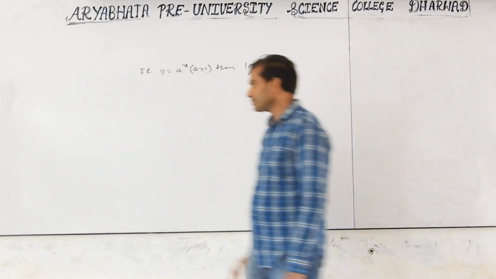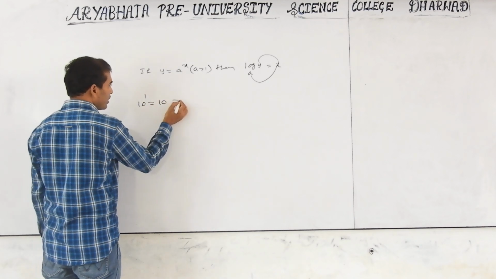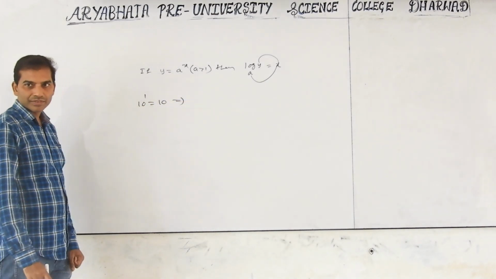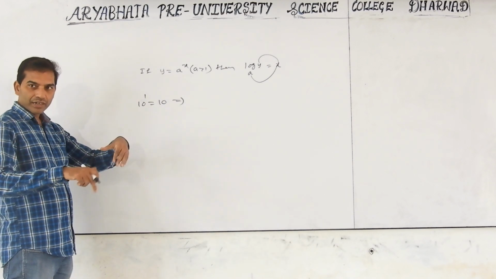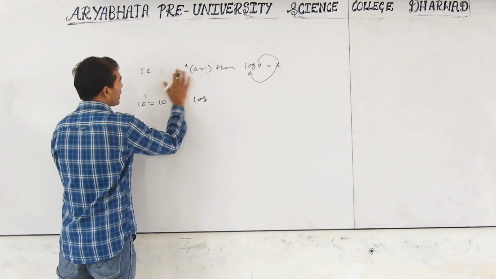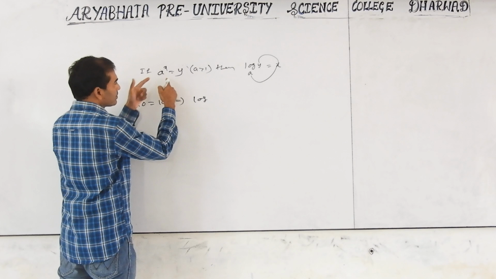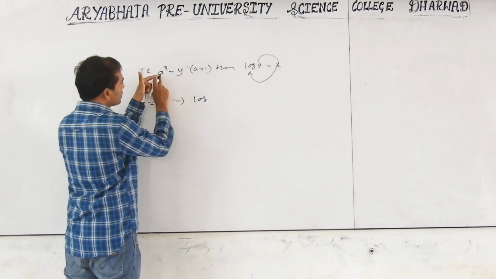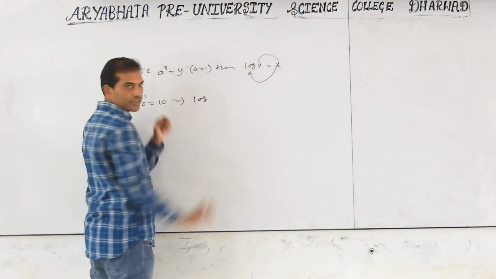For example, 10 power 1 equal to 10. This is called exponential form. Now write it in logarithm form. A raised to x equal to y. The base comes here, x comes out, and the outcome value comes here.